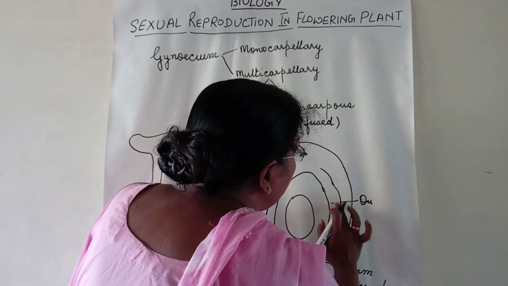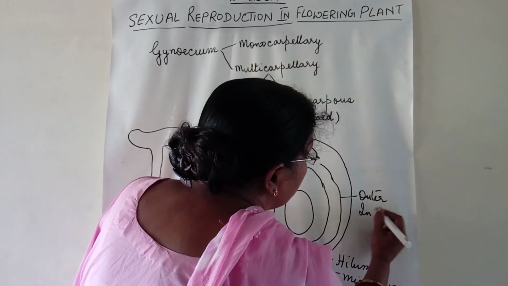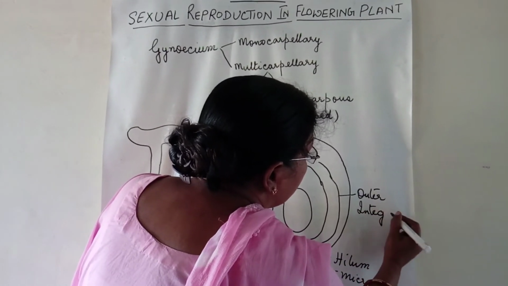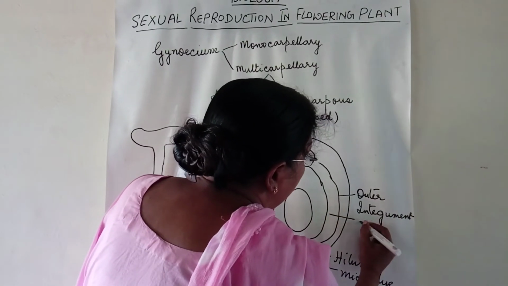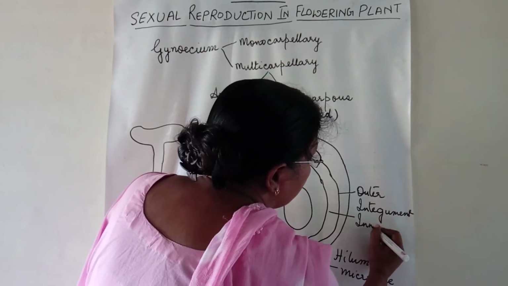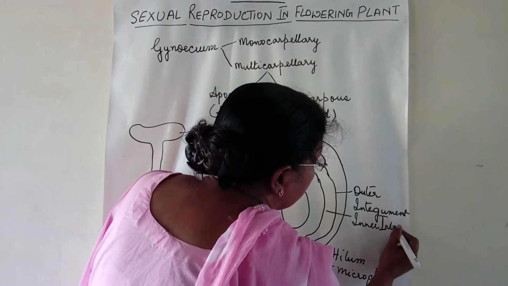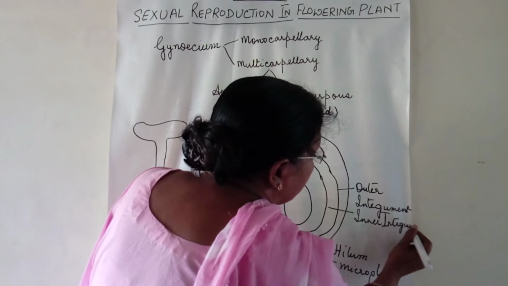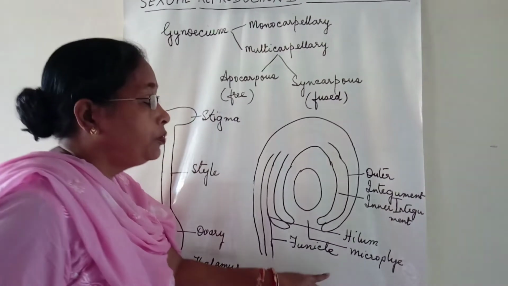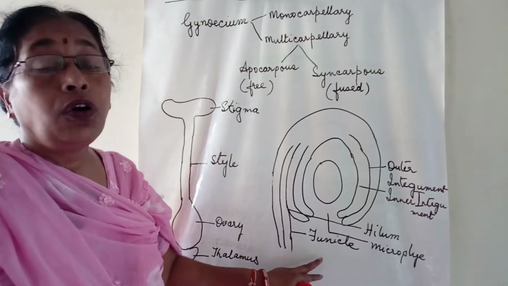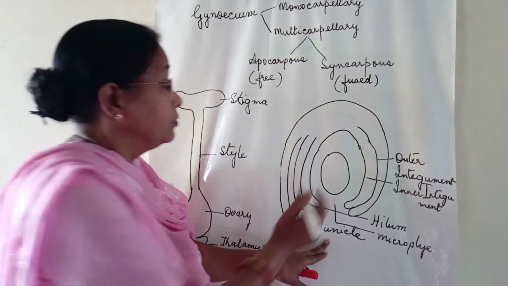This is the outer integument, and this is the inner integument. Angiospermic ovules have two integuments, so they are bitegmic.